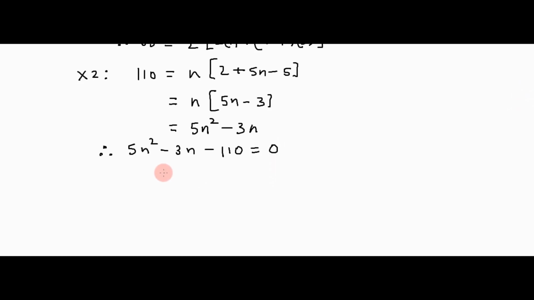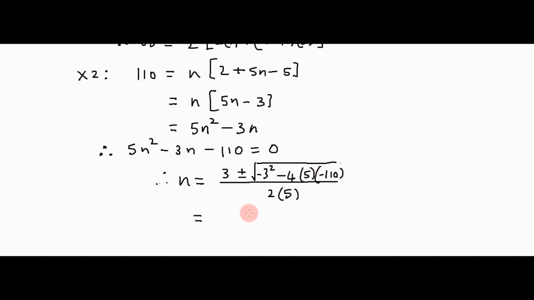And we can use a quadratic formula. So we have negative b, which is 3, plus or minus the square root of b squared, which is negative 3 squared, minus 4ac, all over 2a.